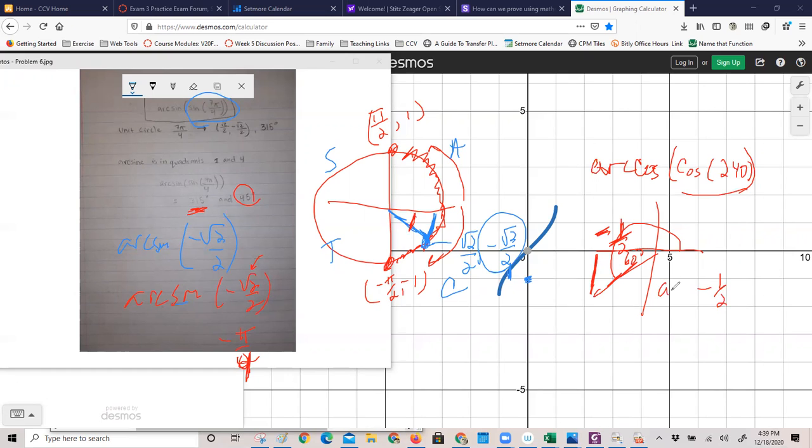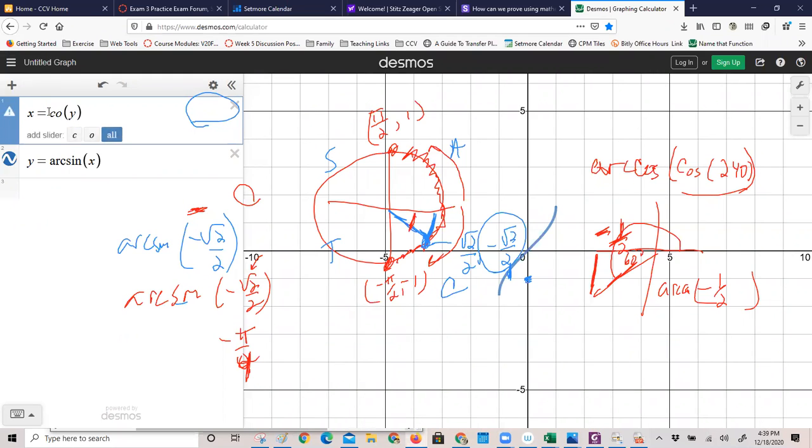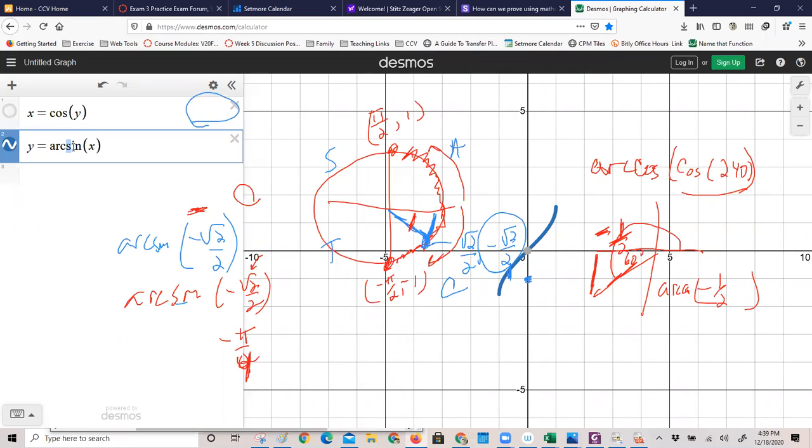But then when I do the arc cosine of that, arc cosine gives me output here. Let me come back and graph arc cosine in Desmos. Let's change this to cosine, and let's change this to arc cosine.